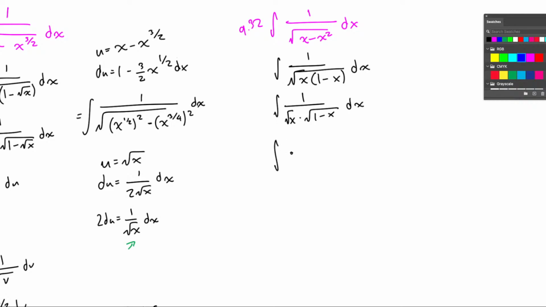Or we can make it 1 over x square root of 1 over x minus 1 dx.